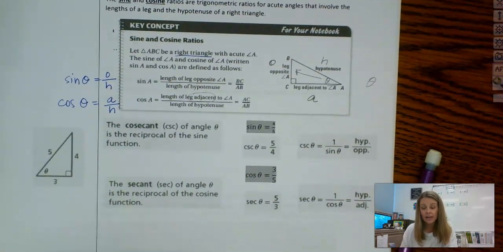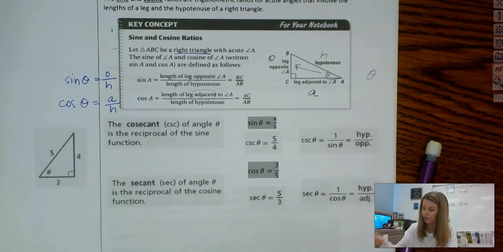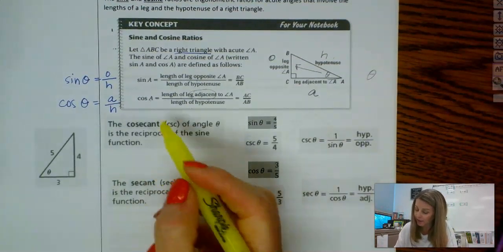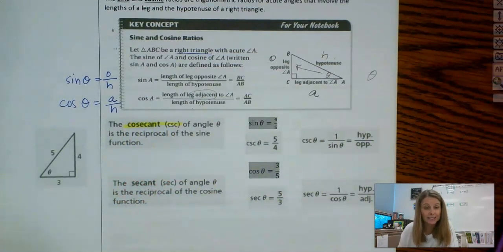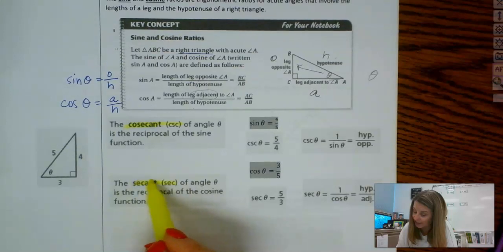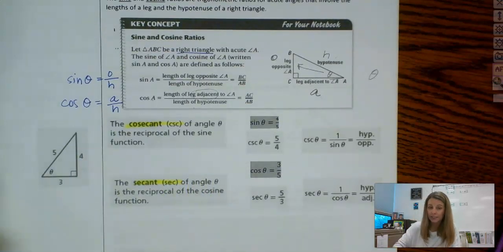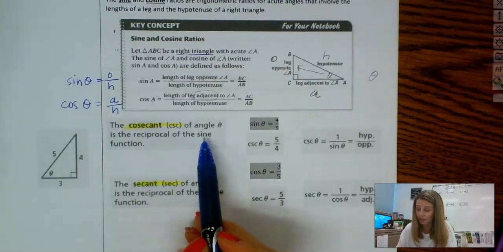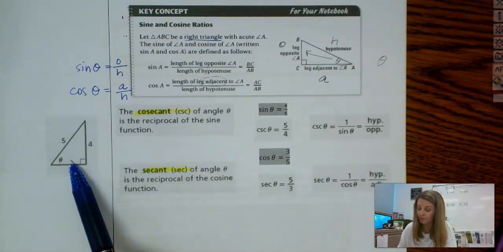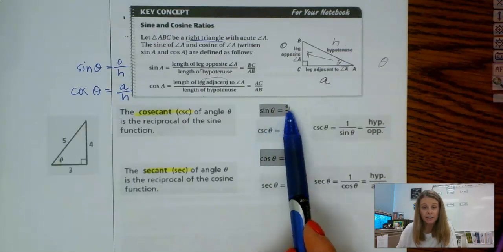All right. Now we have a couple other functions, or trigonometric ratios, I should say. I just want to briefly mention them. We're not going to do a whole lot with them, but we have a cosecant, defined CSC, and a secant, SEC. And so the cosecant is just the reciprocal of the sine. So if you take this example over here, the sine of theta is 4/5.